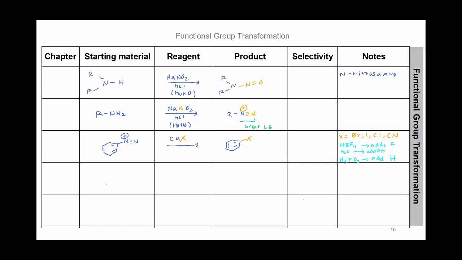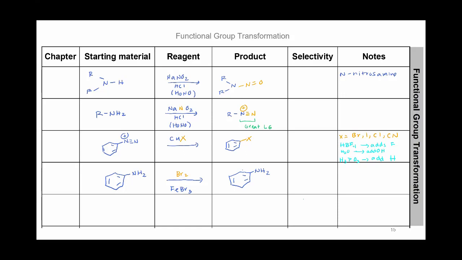All right, the last reagent that we'll add to this for chapter 23 is using aniline. And if we try to add Br2, nitrogen is an ortho-para director because it's electron donating.